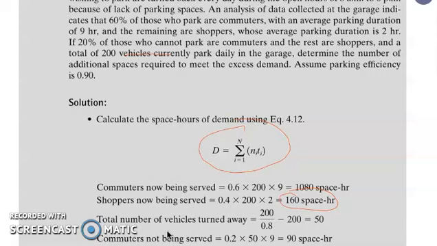So that will be 200 over 0.8 minus 200. So that will give us 50. So this is the total number of vehicles that turned away.